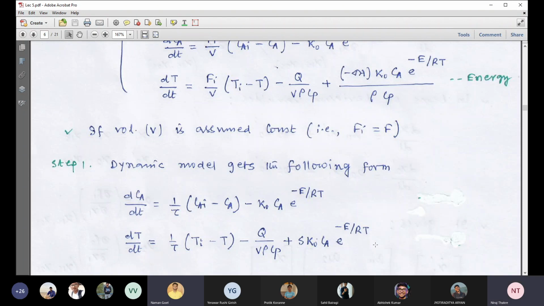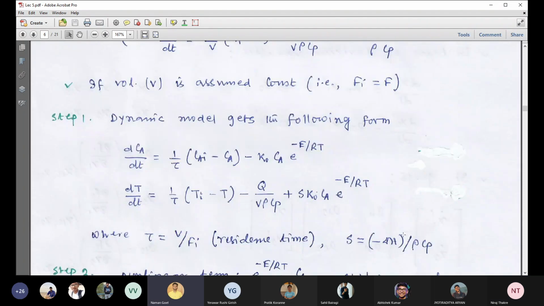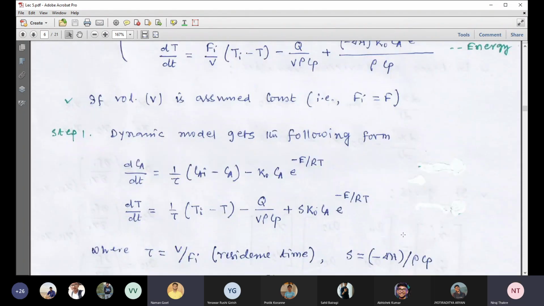Yeah, correct. Yes, you see, ACE equal to minus delta H divided by rho Cp.